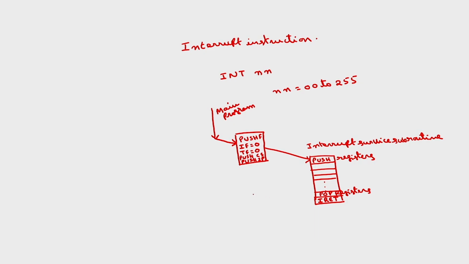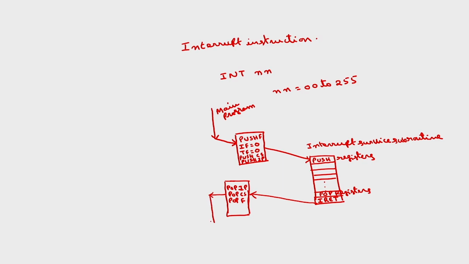While returning, it performs all the reverse operations of the pushes: it pops first IP, then CS, then the flags, because the stack is last in, first out. Whatever was pushed last will be popped first. The instruction pointer was pushed last, so it will be popped first, and so on.